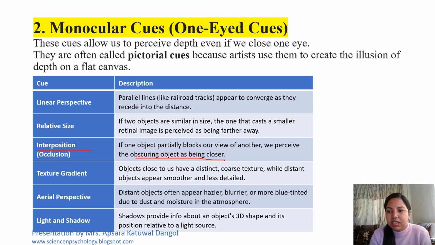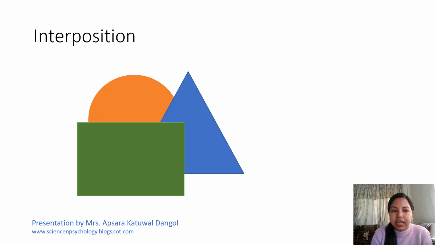Let's look at the image. As you can see, here is the image, right? So why do we feel like this is blocked? Because of the interposition. That means it is blocking, so it's closer. But if this circle was farther, it would not block, right? So this is the concept of interposition.